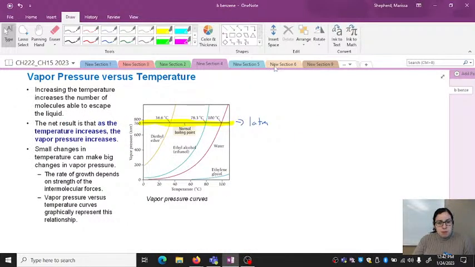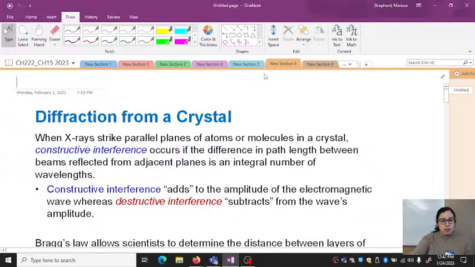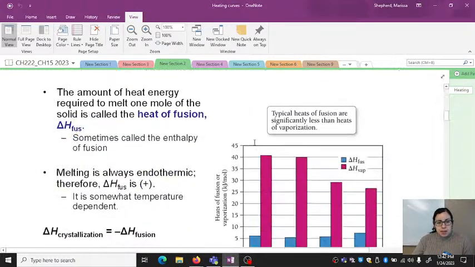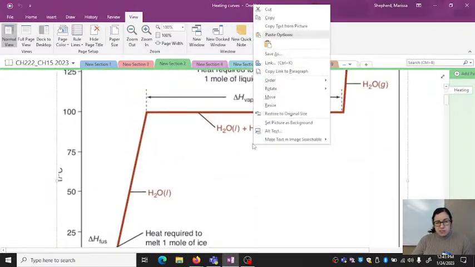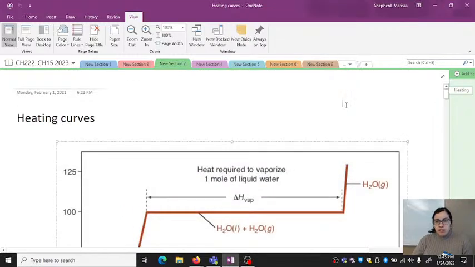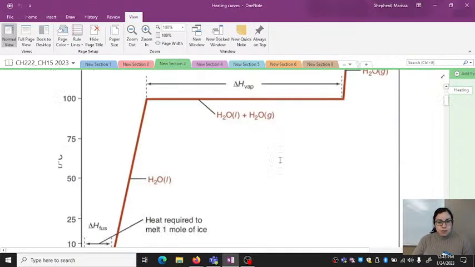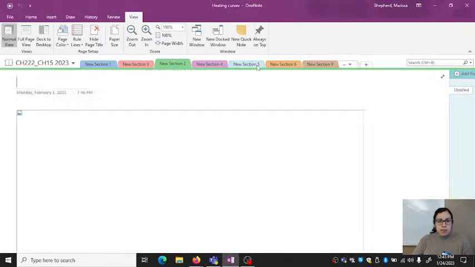Okay, I think we'll probably stop here. We don't have too much more. I'm just glancing. I skipped the main math, so I don't want to start that now, even though we have 10 minutes, because I don't want to rush it. So we'll probably save this heating curve for first thing on Thursday. We'll go through the math.